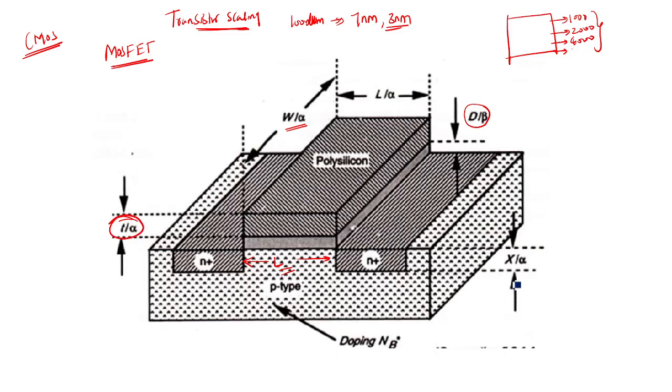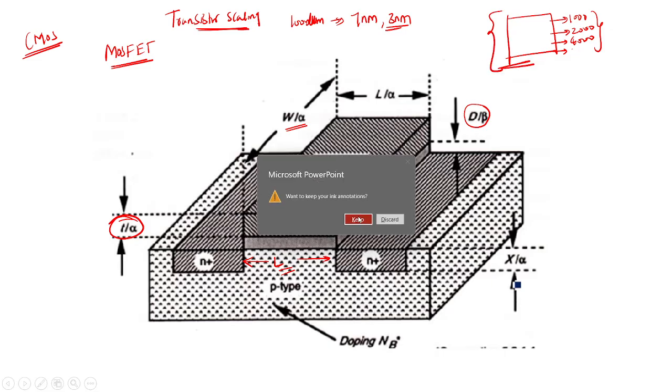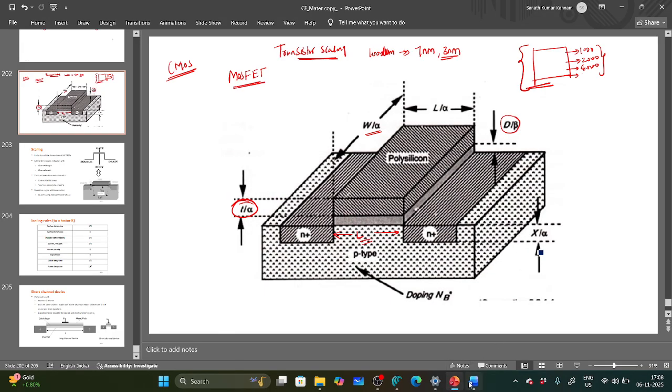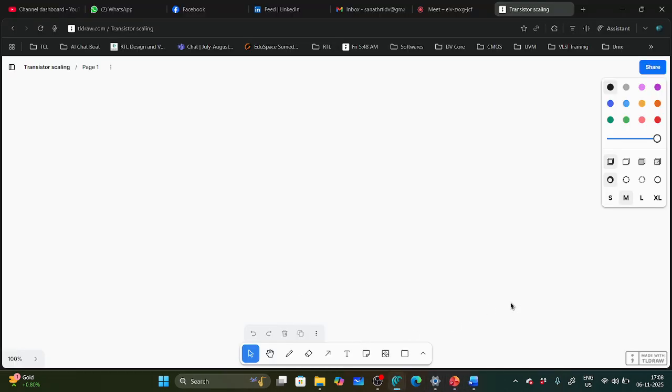These n plus regions are made by diffusing dopants. We can dope the n plus regions, and these are what we call source and drain. So that is nothing but scaling. We need to do the scaling of this transistor, so we need to do scaling of different regions.